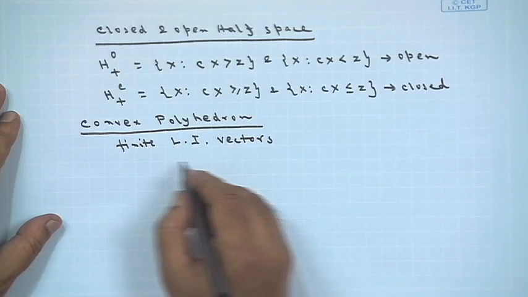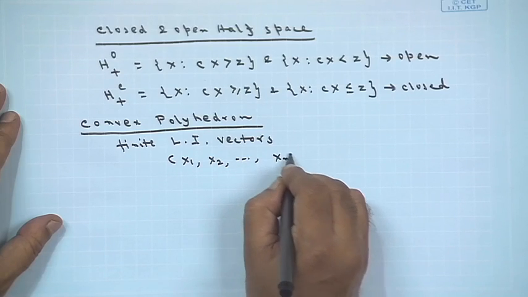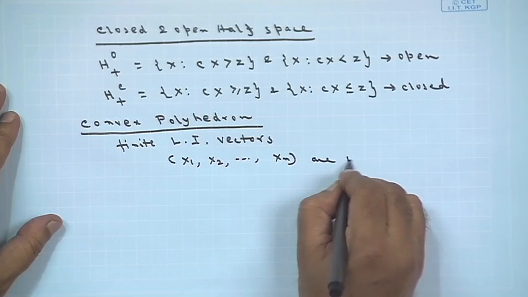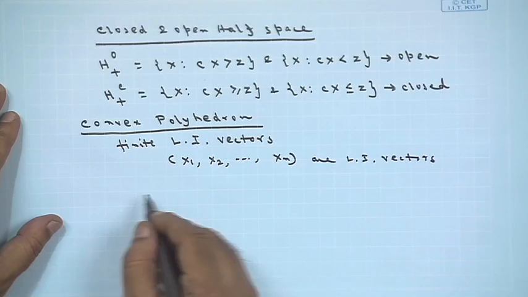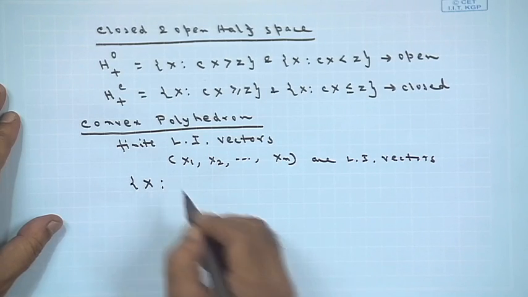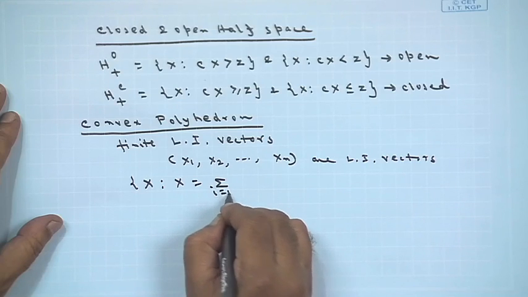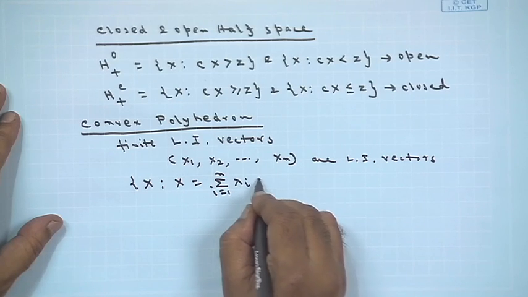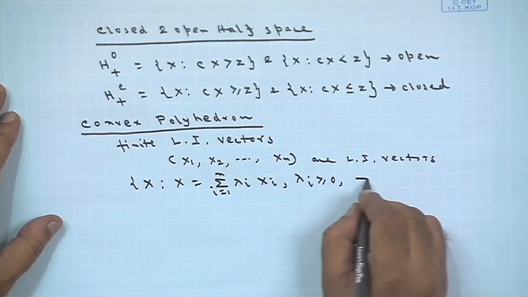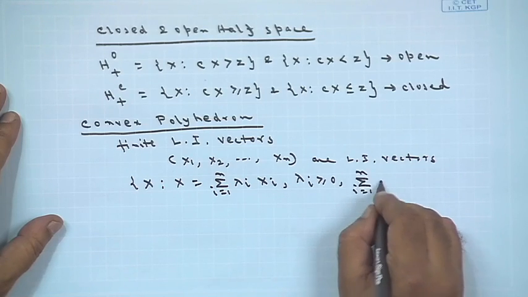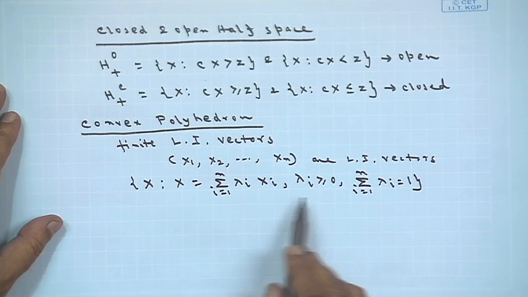Mathematically, if x 1, x 2, up to x n are linearly independent vectors, then the set of x such that x equals summation i equals 1 to n of lambda i x i, where lambda i greater than or equal to 0 and the sum of all these lambda i's equals 1, is known as one convex polyhedron.